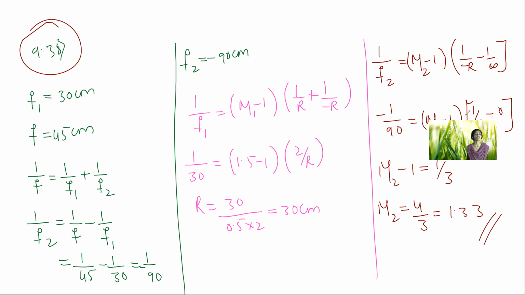So mu2 we can call n, and the refractive index is 1.33. This is the solution for 9.38.